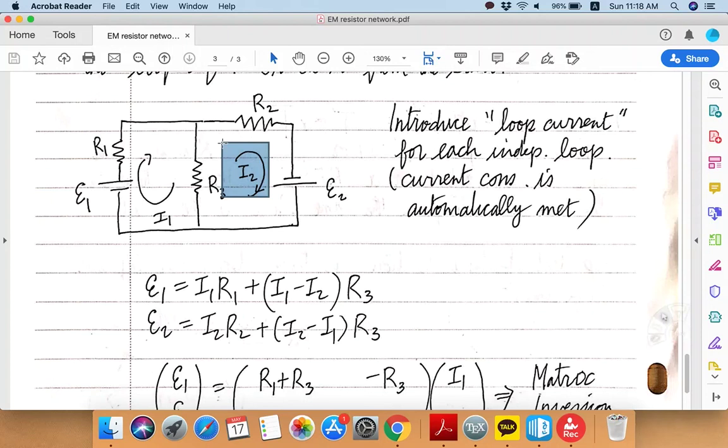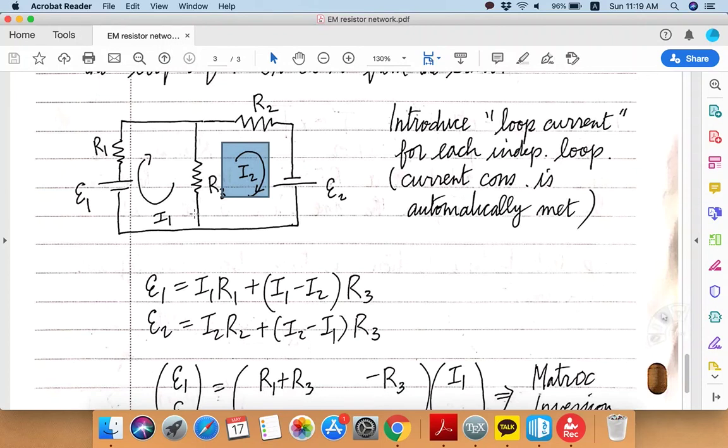And why is it possible for us to assign a unique loop current for every independent loop in the resistor network? Well, that's essentially because there is this first rule of Kirchhoff about the current conservation. The fact that we're able to even define a loop current means that you always have the same amount of current flowing around the given loop.